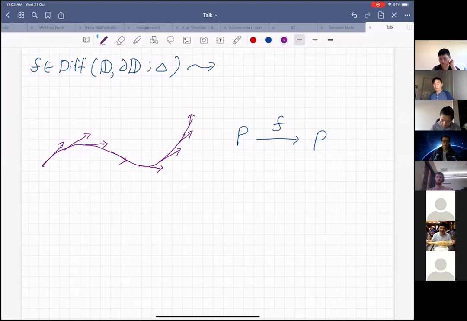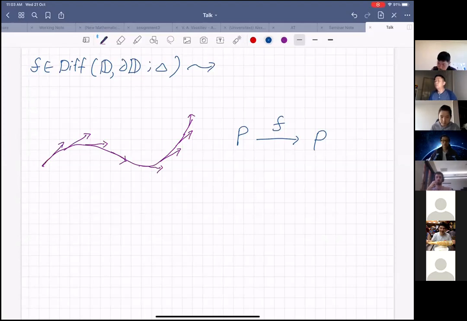If you move your diffeomorphism, of course your tangent space also moves. So they induce a map from P to P. I called it P just now, right?